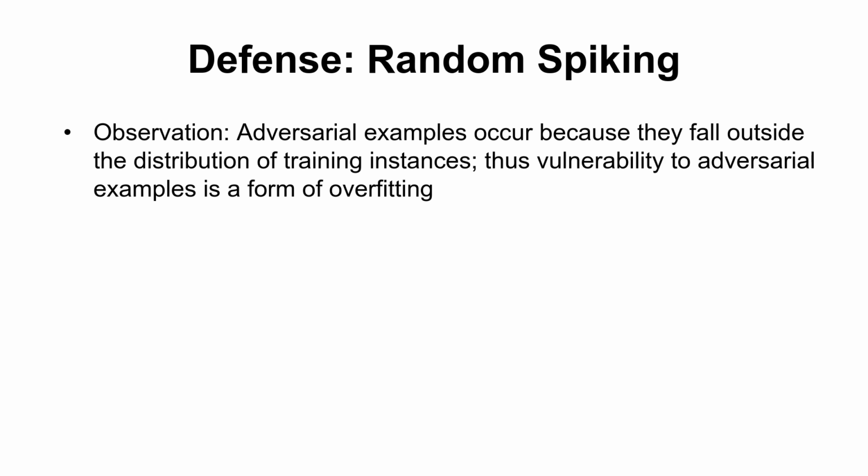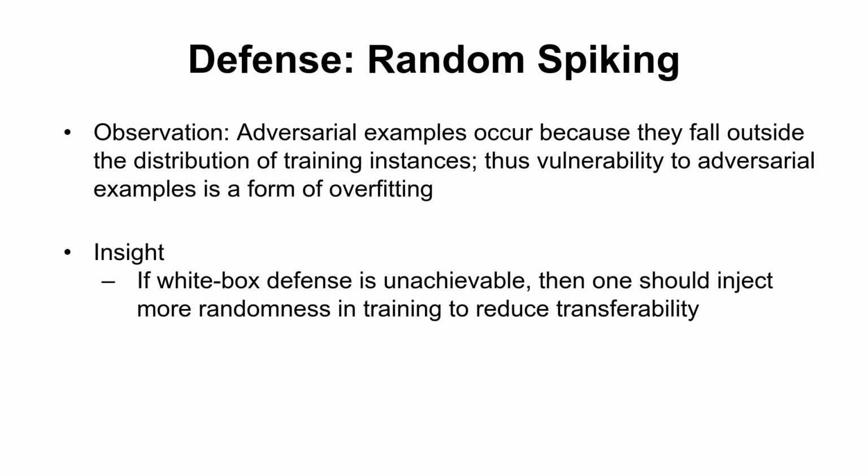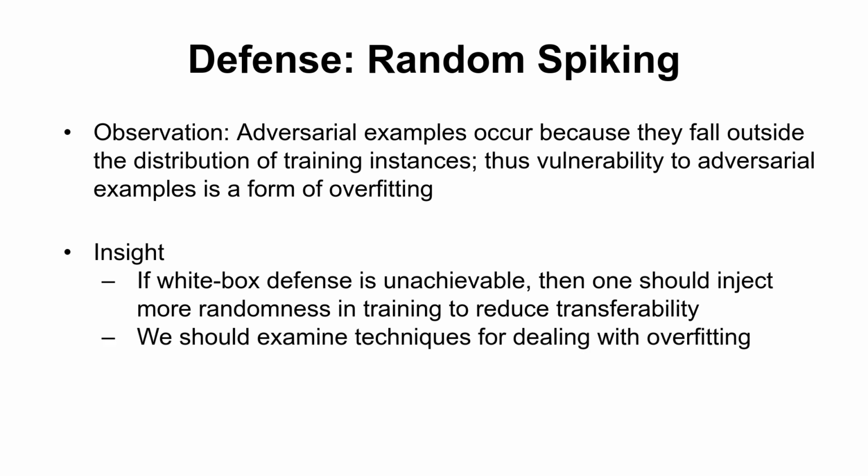Those generated adversary examples are highly likely to be transferred to a new model, which behaves similarly to the white box model. If white box defense is unachievable, then one should inject more randomness in training to reduce transferability. We should also examine techniques for dealing with overfitting.